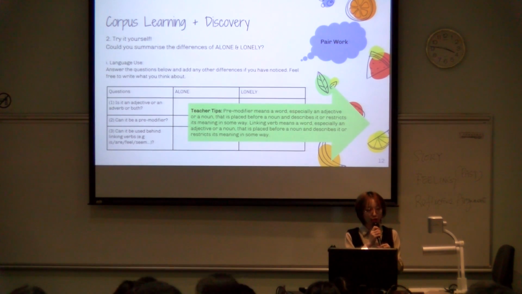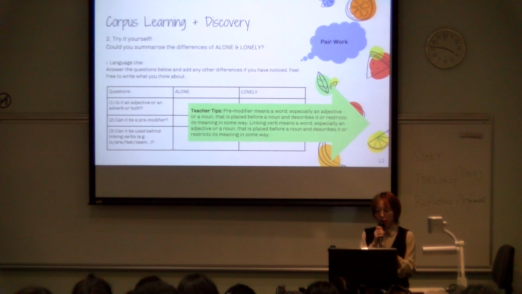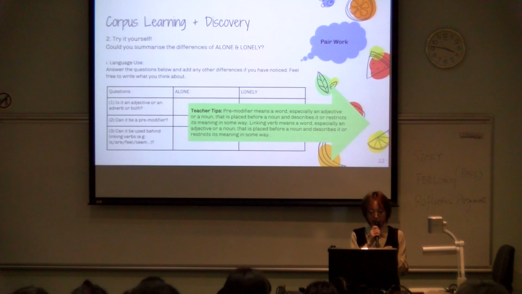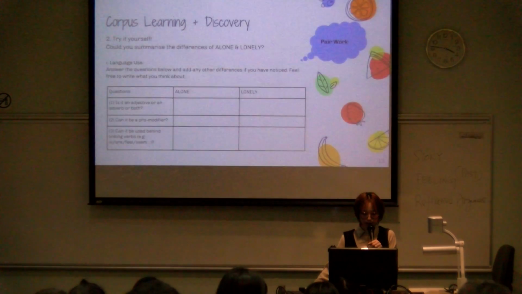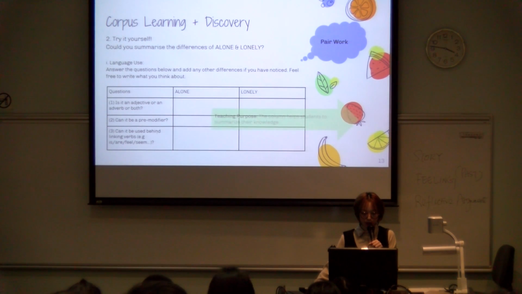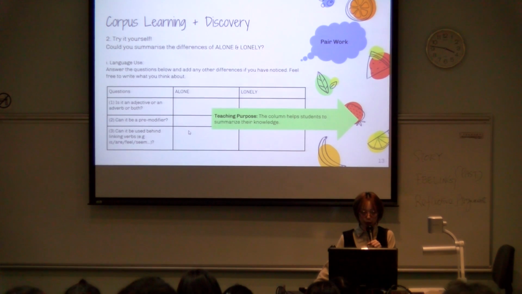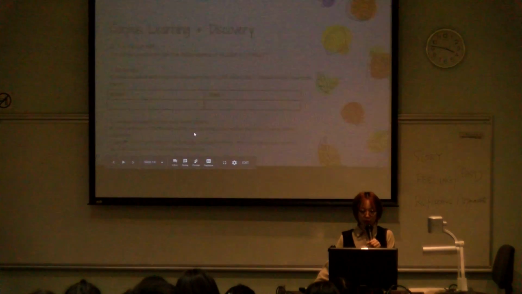So before we ask them to fill in the blanks, we explain to them the meanings of pre-modifier and linking verbs. Then the column will be better for asking them to summarize their knowledge by themselves, and they can find the language patterns by themselves as well.